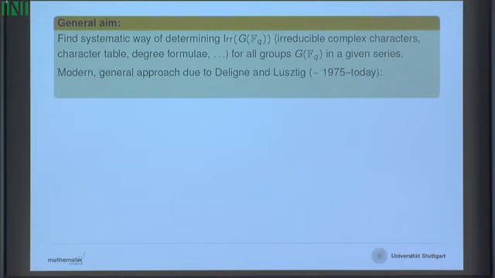Now, how we do this today is we use the approach by Deligne and Lusztig, which was initiated in the 1970s, so it's already quite some time ago. Their fundamental idea was to use the French SGA theory of l-adic cohomology to construct representations in characteristic zero of these groups.